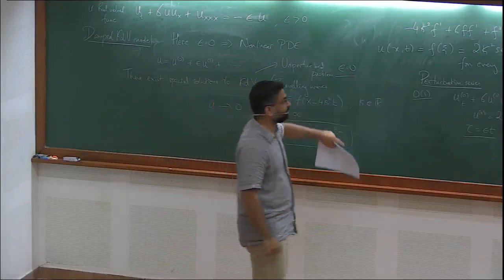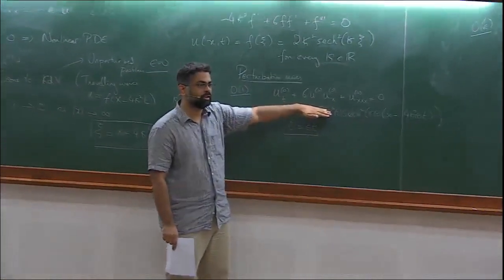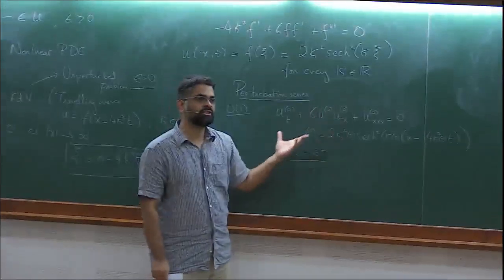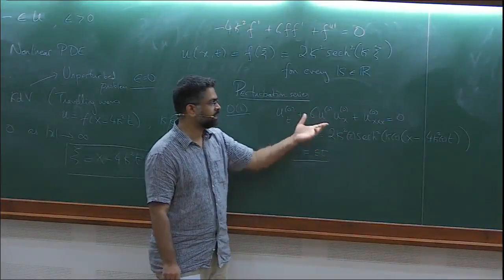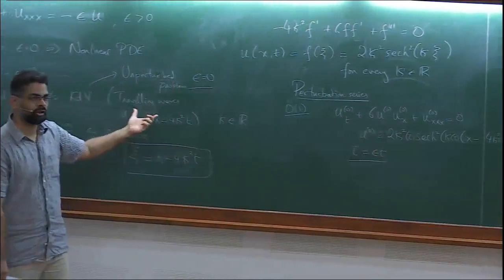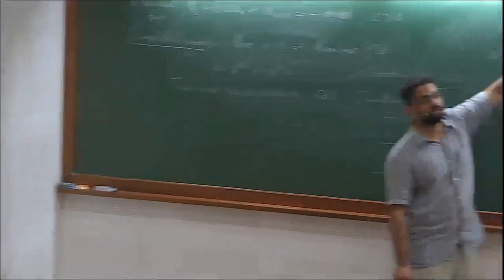I'm interested in that because I know at order 1 I have to solve precisely this equation. I don't want to solve the general PDE, I just want to work with a special class of solutions, and the special class I'm working with are traveling waves, traveling with this speed.